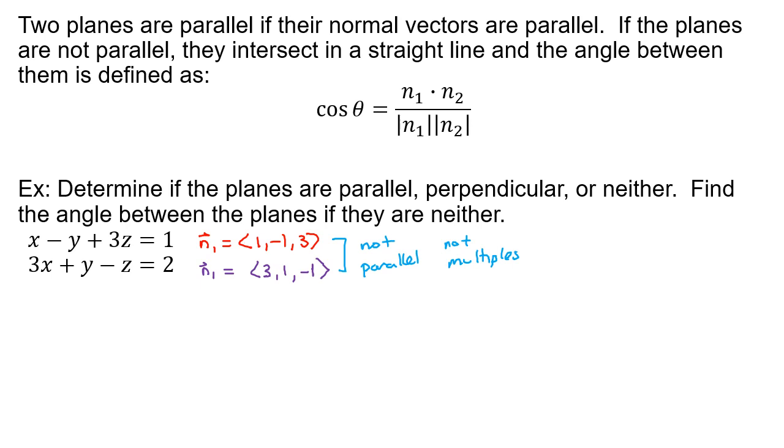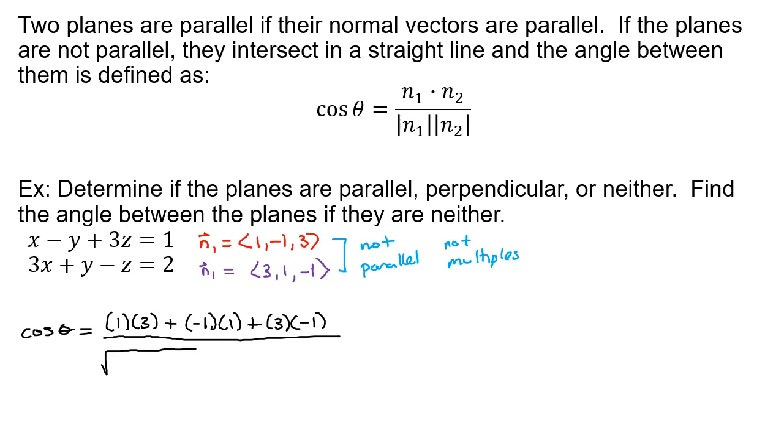We're going to do the dot product between them and then divide by the magnitude. So cosine of theta would be the dot product, so I would do 1 times 3, doing the first ones. The second components, -1 and 1. And the third components, 3, -1. Divide that whole thing by the magnitude of each one. So that's a 1 squared, -1 squared, and a 3 squared for the first vector.